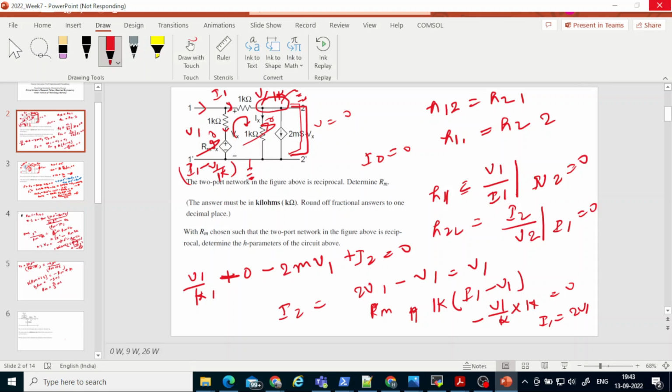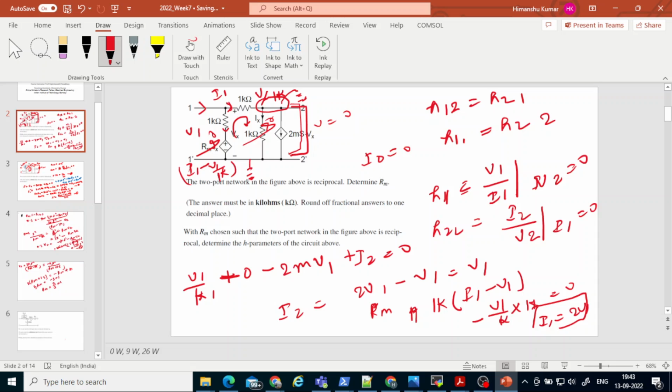Now from this equation we can find V1 by I1 equals 0.5. So this is our h11.